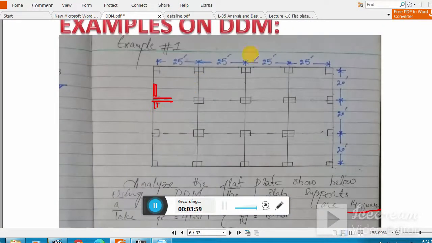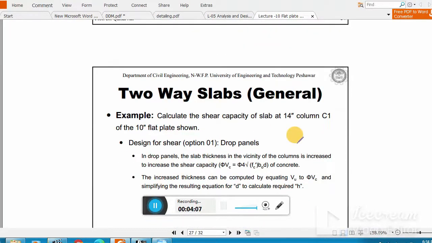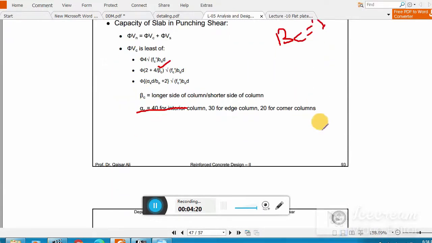So to design this system for shear reinforcement, as already in lecture number 10 I explained, you have different options. Option number 1, which we are using, is drop panel design, and you know how we can determine the drop panel. So in the drop panel, basically what we need is to calculate the depth of the drop panel.